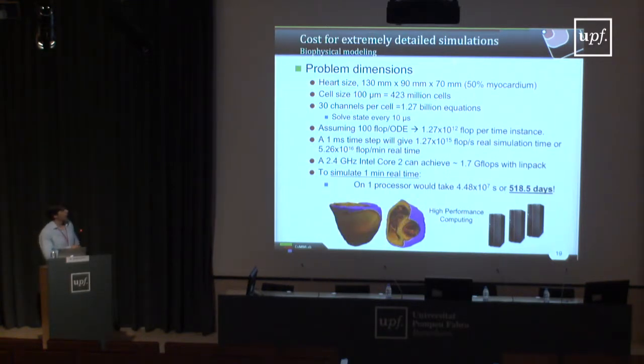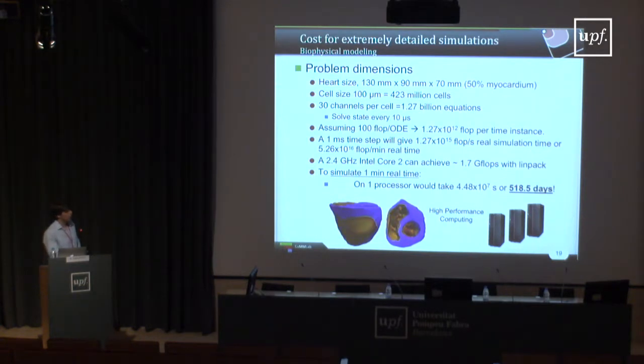For each one, we have different channels for the ionic models, and we end up with 1.27 billion equations that we have to solve every time. Assuming a normal computer with one core, to simulate 1 minute of real time, we need 500 days, which is something we cannot wait for, to do a simulation of 1 minute for one patient.